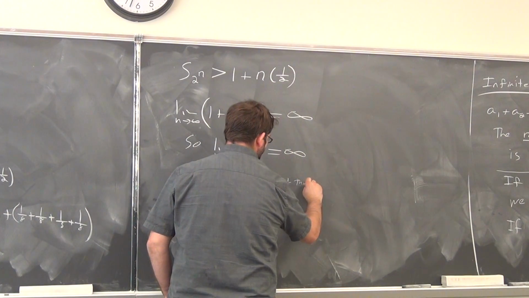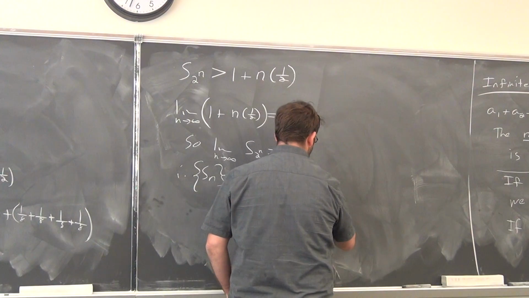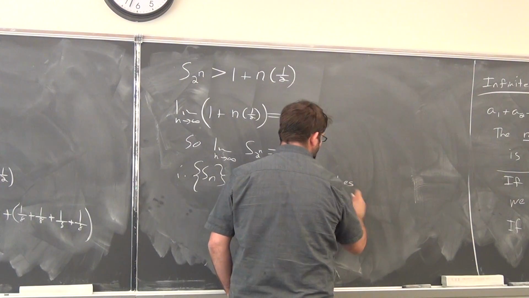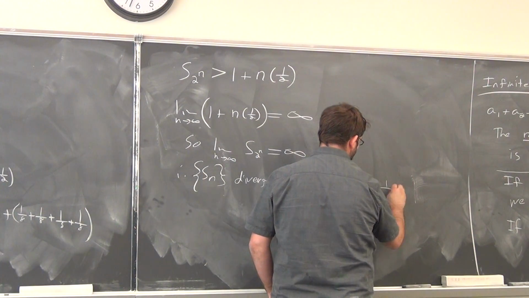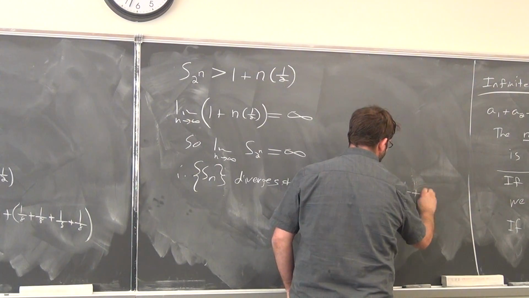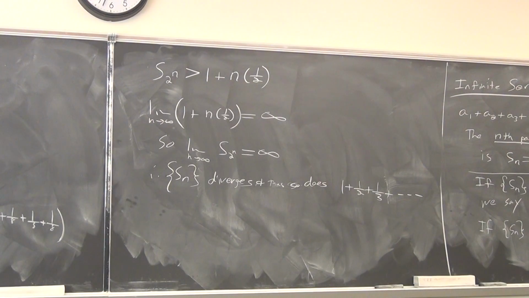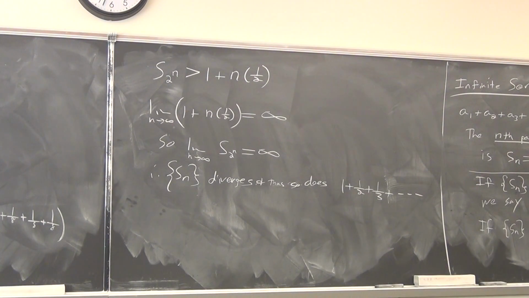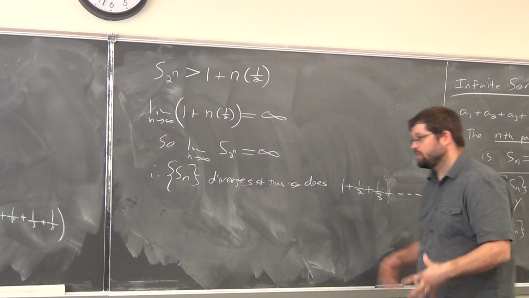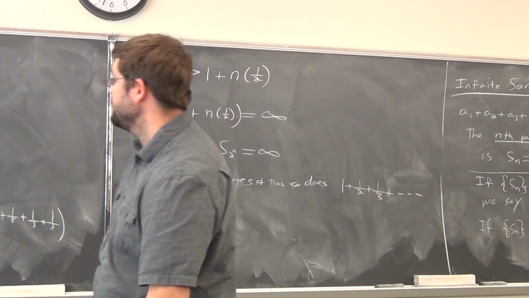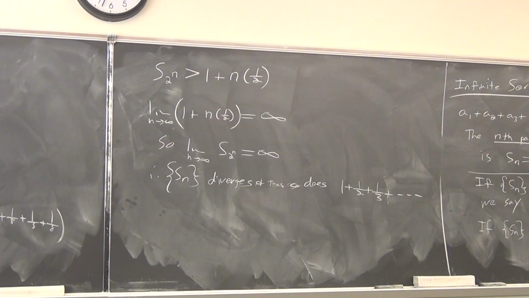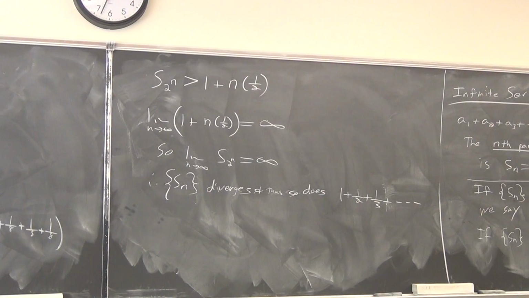And thus, the sum of this. And so the point is, right, that some infinite sums of things converge and some don't. And so that's what we're trying to figure out, which ones don't.